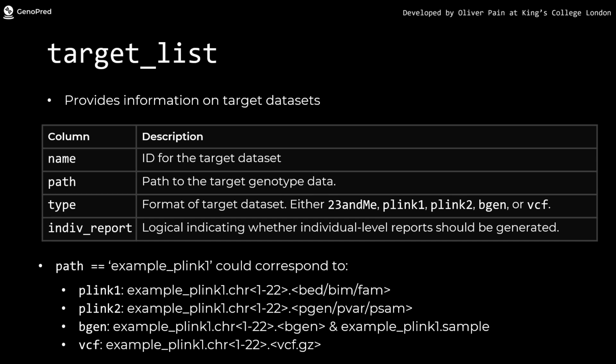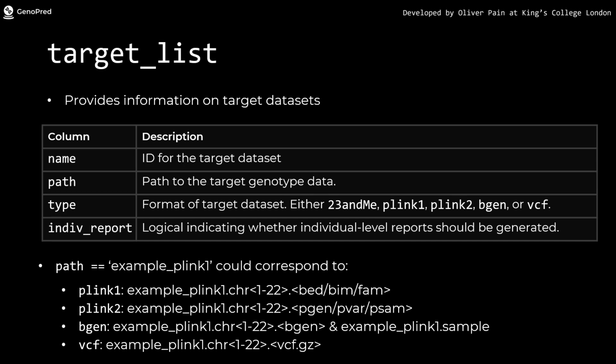So I mentioned that the path column specifies the location of the genetic data files. If the format of the target dataset is in plink1, plink2, bgen, or VCF, then the target genetic data should be split by chromosome, and the file name should have a full stop CHR and then the chromosome number written on the end, followed by the suffix of the file, such as .bed, .vcf, .bgen, and so on.